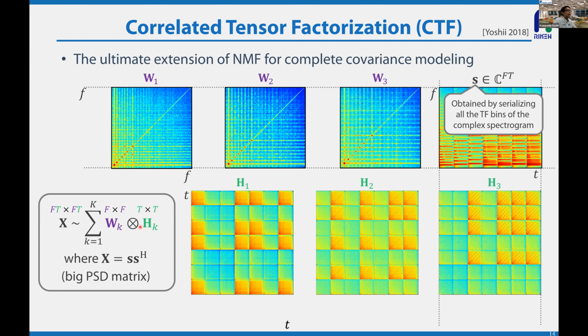This is the univariate complex Gaussian distribution, so you can focus independently on each time-frequency bin. For example, the power spectral density of this part is given by this, and then the complex value, the STFT coefficient of this point, is stochastically generated according to this Gaussian distribution.